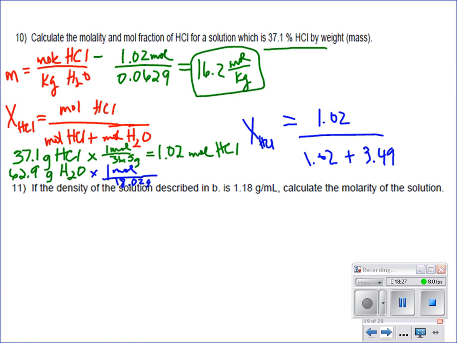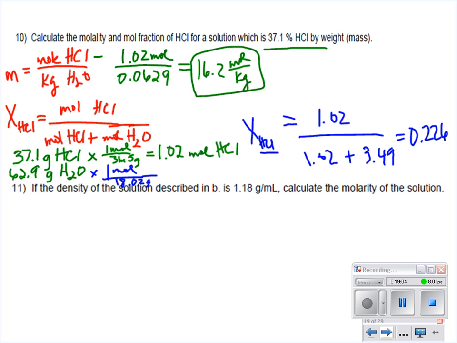Since this is the mole fraction specifically of the solute in this case, it's going to be a small number, 0.1, 0.2, 0.3, something like that. If we're doing mole fraction of solvent, the solvent is supposed to be the largest component of a solution. That's why it's defined as a solvent. So it's going to be bigger, like 0.7, 0.8. But this is a solute, so we can expect a small decimal, and what is it? 0.226. No units, just a decimal, done. That is mole fraction. Got it? Okay, next problem.